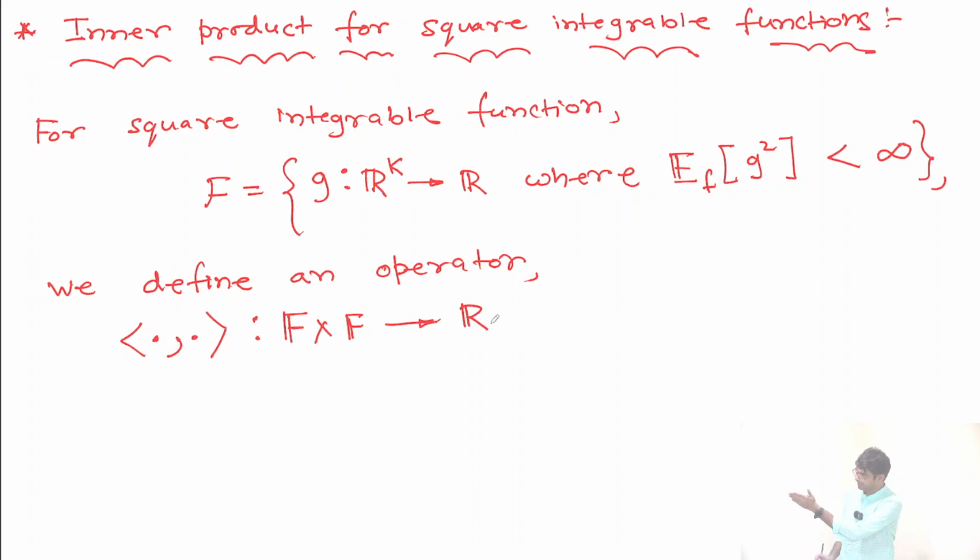We define an operator that does this, but what operation will this operator perform? I mean, there can be any number of things that this can do, right?